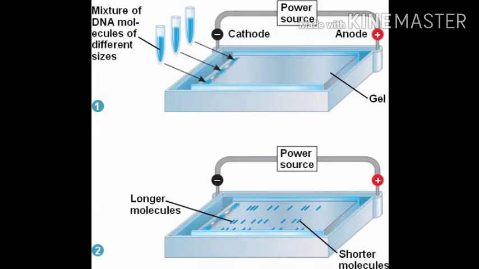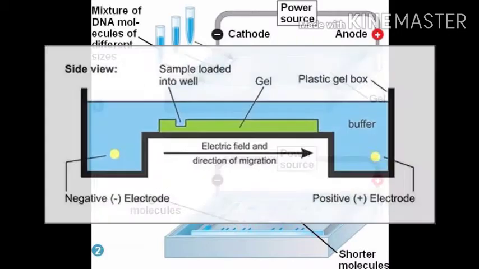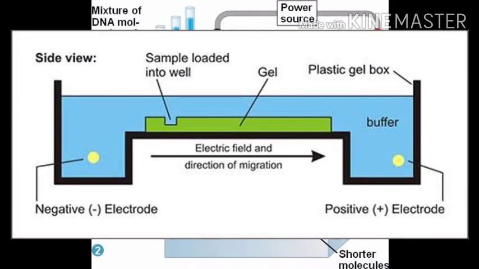When the process is going on, the electrical field will be applied through the entire thing, and that electrical field will help in the entire separation. As you know, the DNA material or any nucleic acid is usually negatively charged, so the wells are usually kept towards the cathode.